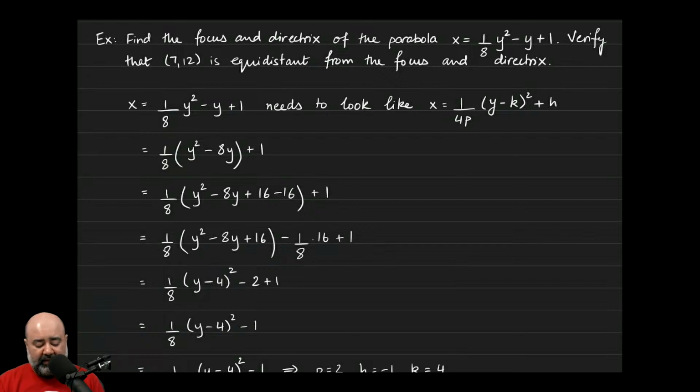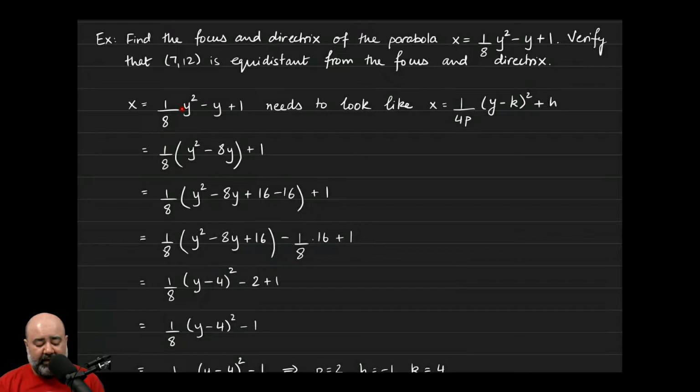The one thing that I find most students will make a mistake on is that they complete the square with a non-unit leading coefficient. The leading coefficient is the coefficient of the degree-two term. So this y squared has to have a coefficient of 1. Otherwise, the usual trick that we use doesn't work.